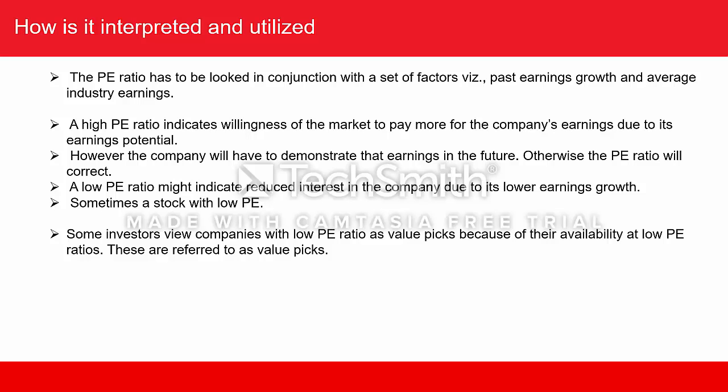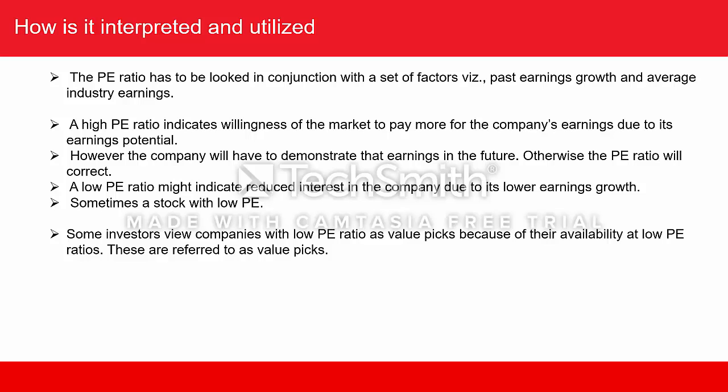You juxtapose it with the PE ratio and see for what earnings growth this multiple is reasonable. You also look at how the overall industry is doing, and compare Apple's PE to the industry's average PE.